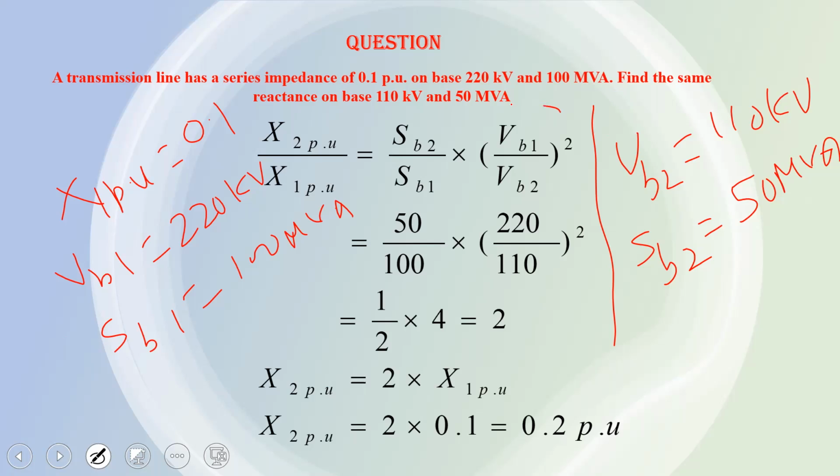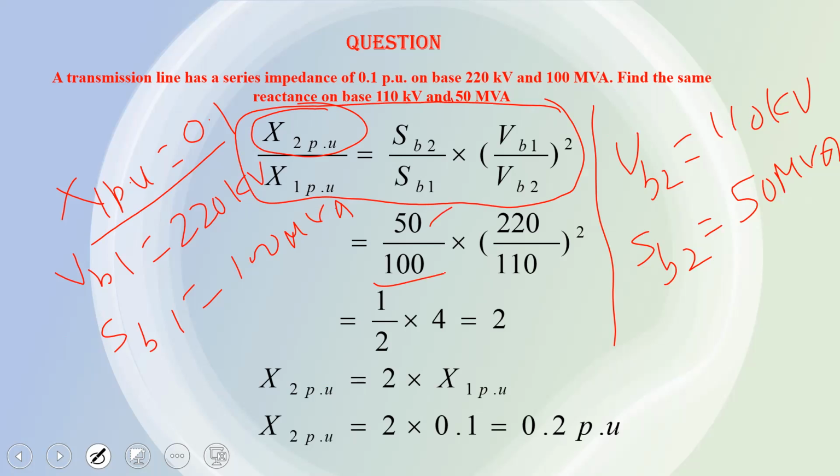So by using this formula, you can find the value of reactance on the new base, that is, X2 per unit. Here X1 per unit is given as 0.1. SB2, the new base, is 50. SB1, the old MVA, is 100. VB1, the old base voltage, is 220, and VB2, the new base voltage, is 110.